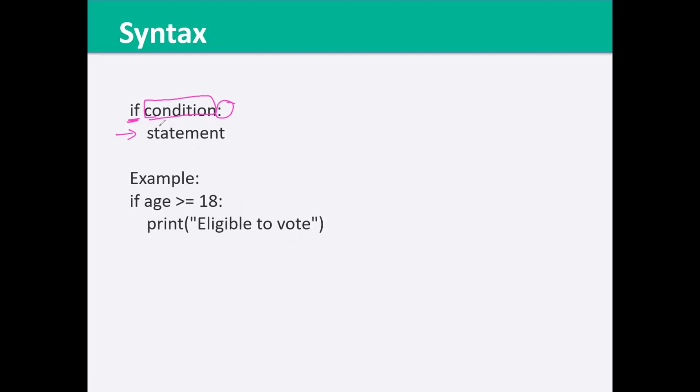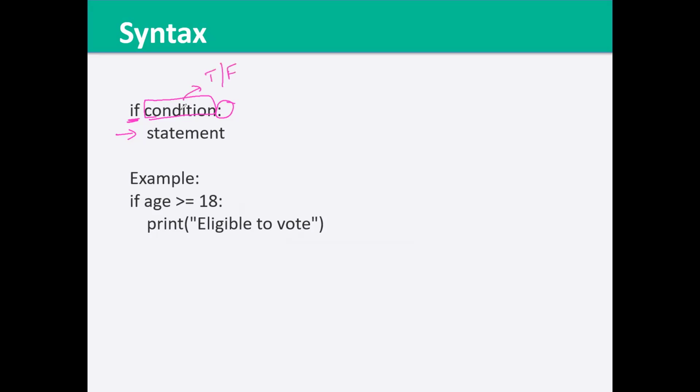Within that indentation, you can write any set of statements or lines of code you want to run depending upon this particular condition. So it is a keyword, and this is the condition you want to check. After the condition is evaluated, it will be true or false.